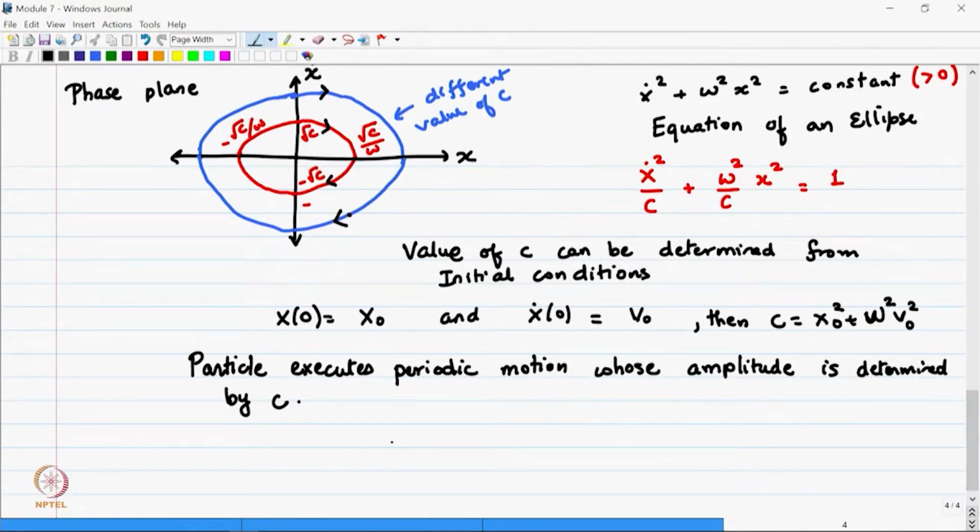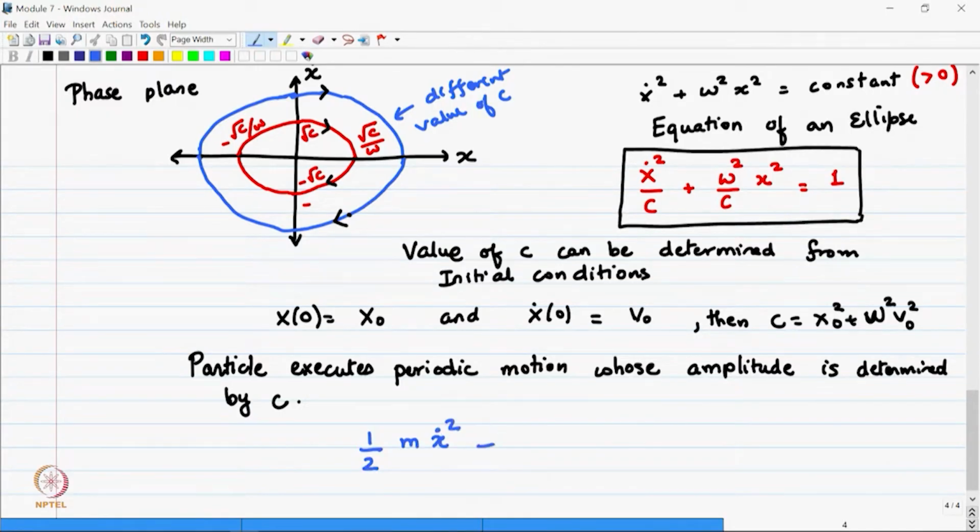For example, if you take the classic harmonic oscillator, what this represents is the same as half m x dot square plus half k x square equal to E. This is the kinetic energy and the potential energy, and all I did was write this in a slightly different form. So I can write this, if I take the E in the denominator, as x dot square divided by 2E by m plus omega square x square, where omega square is nothing but k by m, divided by 2E by m equal to 1.